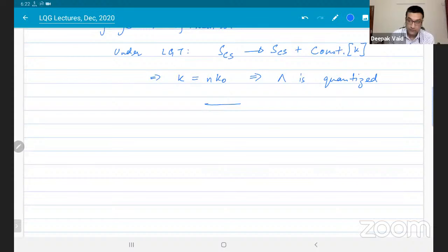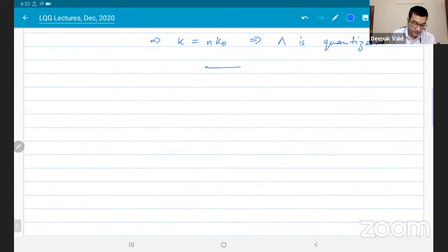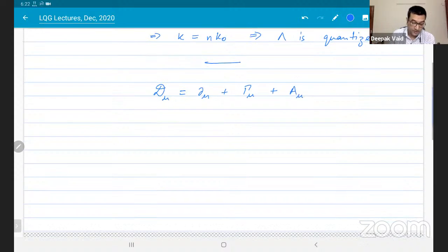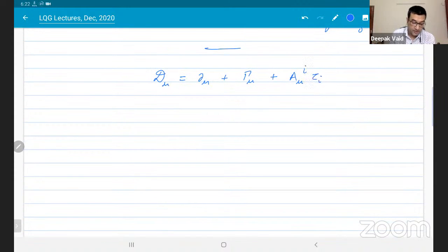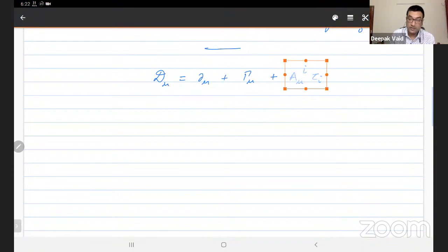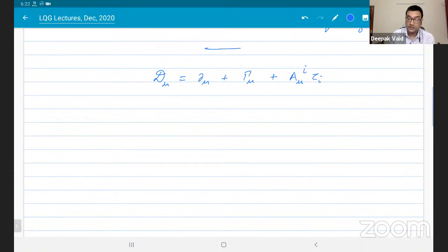Okay, and the other mistake that I had made, the second one, is that when I've been talking about the Gauss constraint, I think what I had done was I was writing the gauge covariant derivative, and I believe I said it's of this form. So there is some Christoffel term, and then there is a gauge connection here, and this acts on the internal indices, and this will act on the space-time indices.